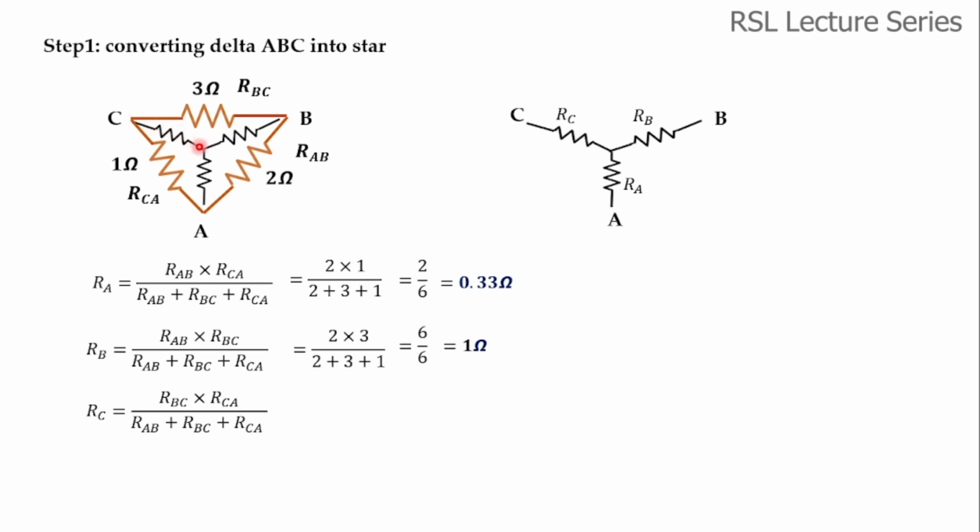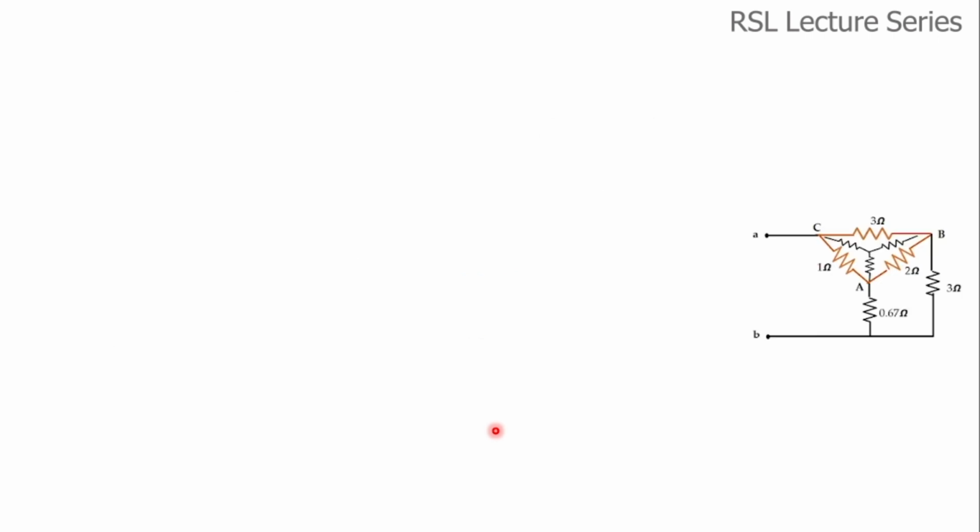Here the adjacent resistors are RBC and RCA. So RBC into RCA divided by the sum of all the three resistors. Substituting the values, 3 into 1 divided by 2 plus 3 plus 1. That is equal to 3 by 6 or 0.5 ohm. This is the star equivalent. Now if we remember the circuit, this is the actual circuit.